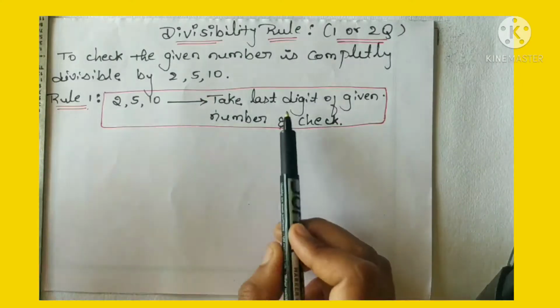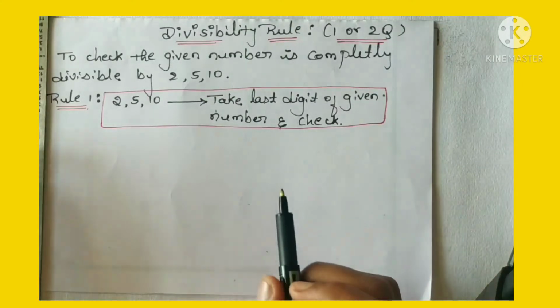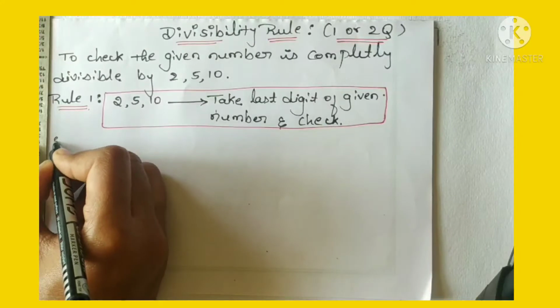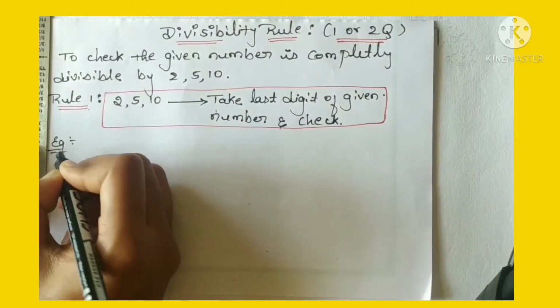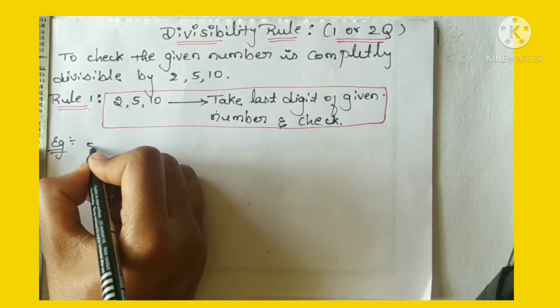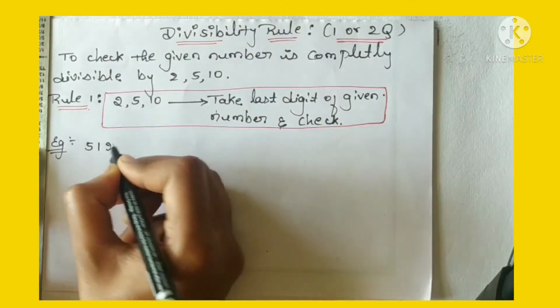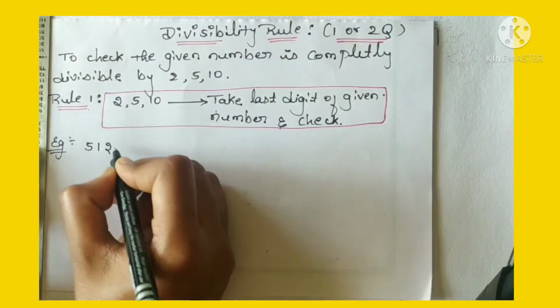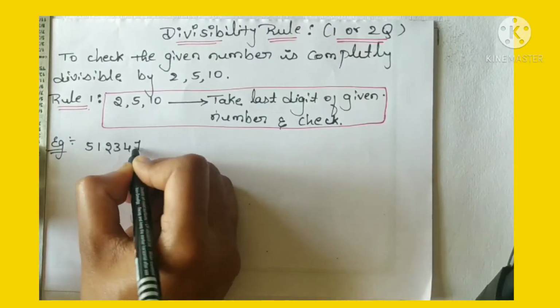Now I will explain this rule with the help of an example. Suppose they give any number, I just consider 5 1 2 3 4 7.